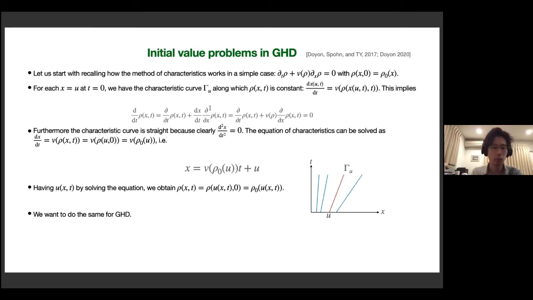Also importantly, the characteristic curve is always straight in this simple case, which you can check very easily.